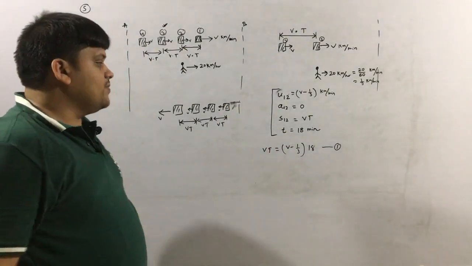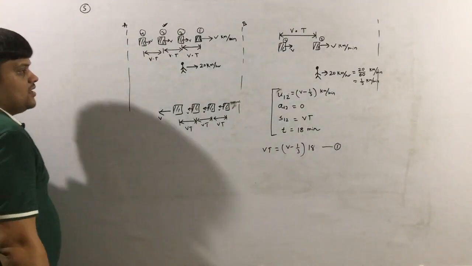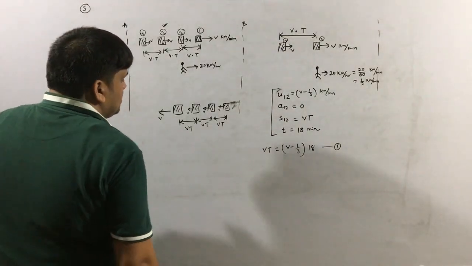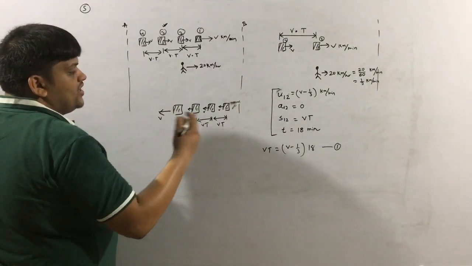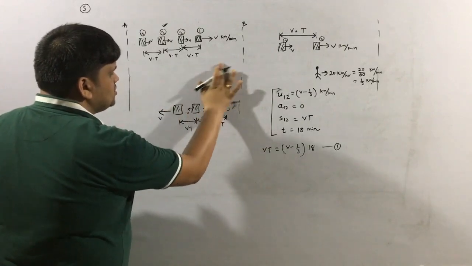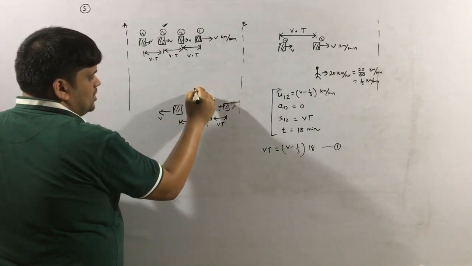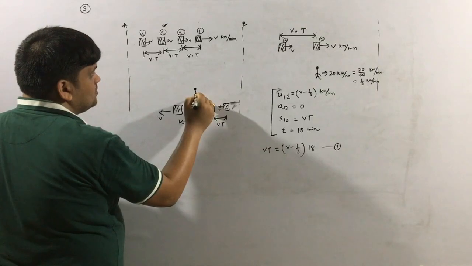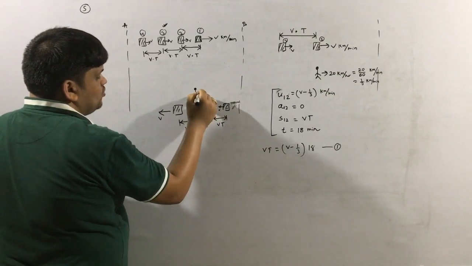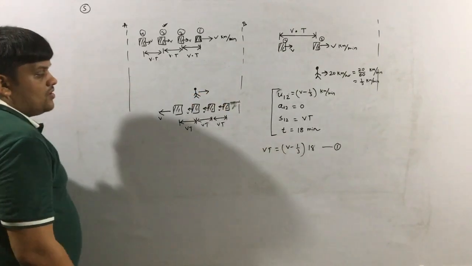Now let us come to the second part. What is given in the second part? It is given in the second part that the cyclist is going to meet. Now let us draw the cyclist somewhere here. Let the cyclist be here, it is moving along this direction, okay.